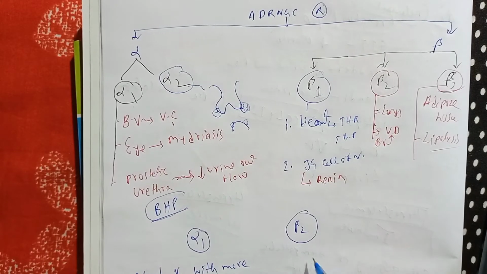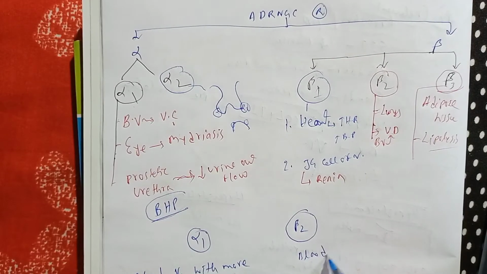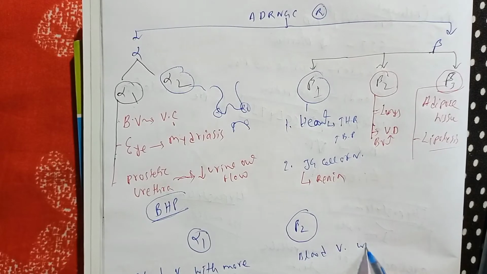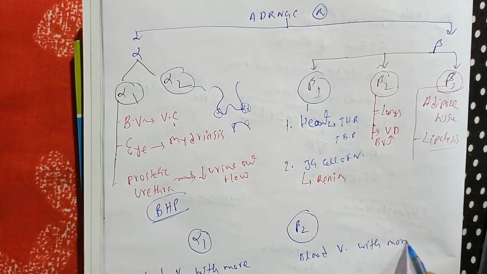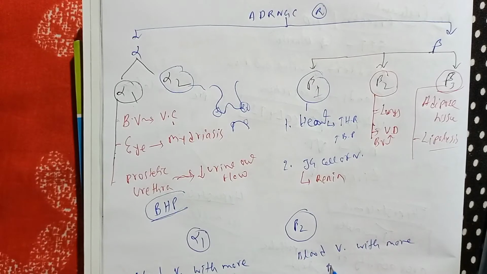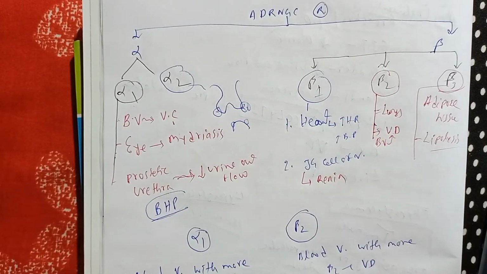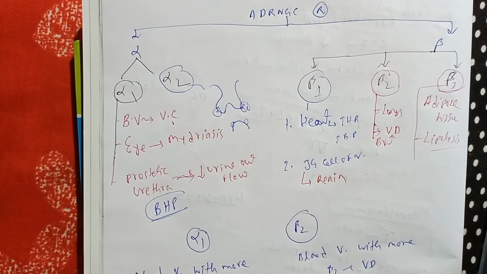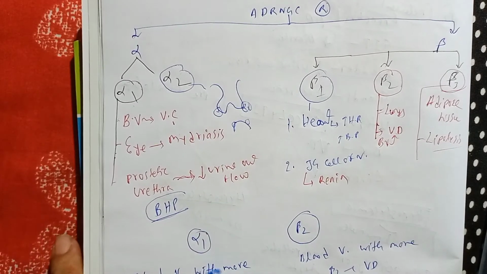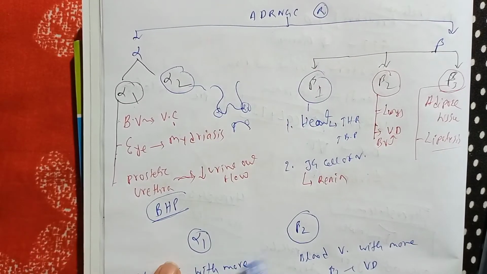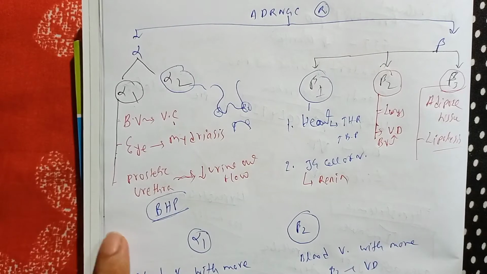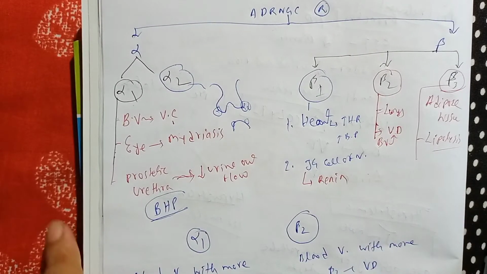But the blood vessels with more beta 2 will cause vasodilation. Now we have to know where the beta 2 receptors are more present, and where alpha 1 is.